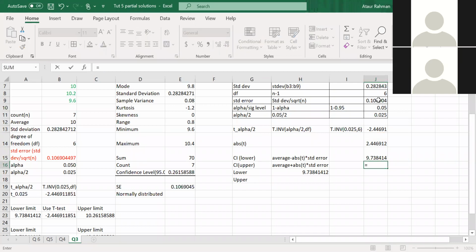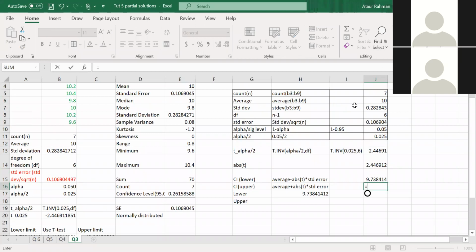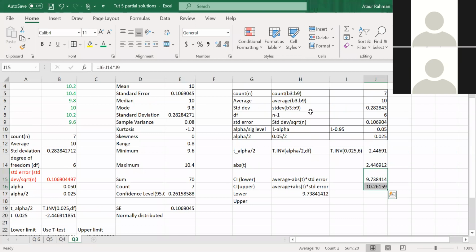Upper limit will be same thing, which is your average here plus absolute t times standard error. So that's the upper limit. So this is basically our answer. So this is the final answer here.